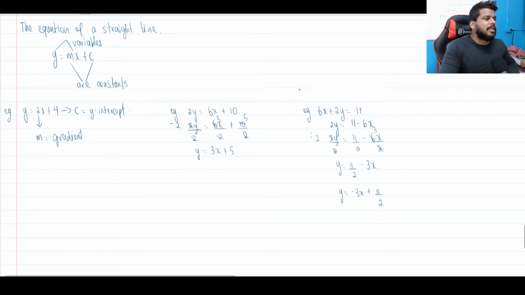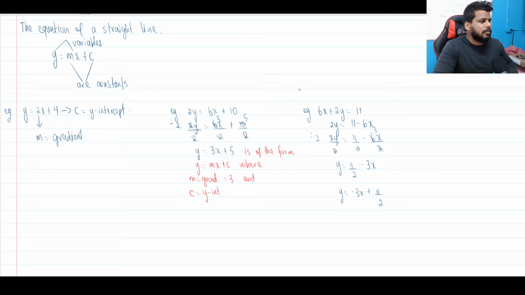In each case, you will say the equation is of the form y is equal to mx plus c, where m is the gradient, and you can abbreviate gradient as grad, which is 3, and c is the y-intercept, which is equal to 5.